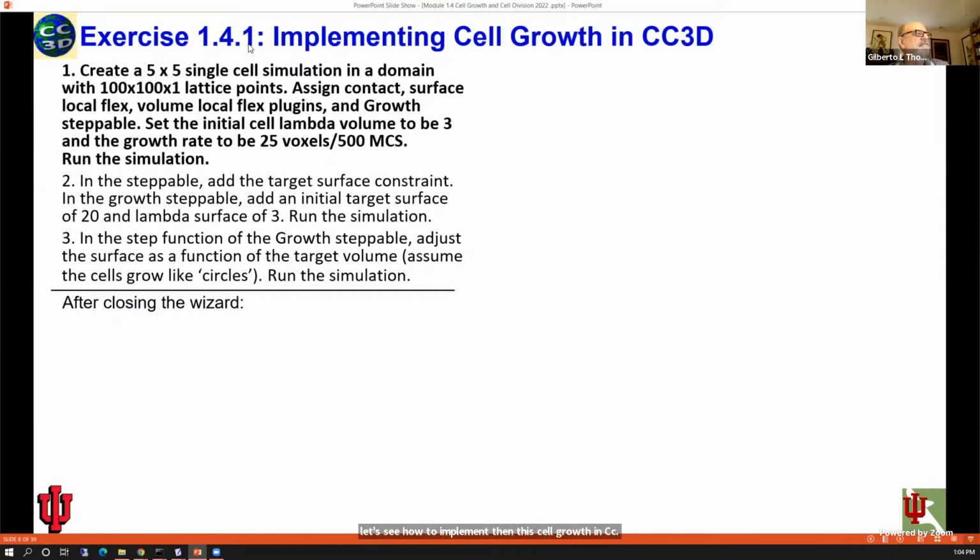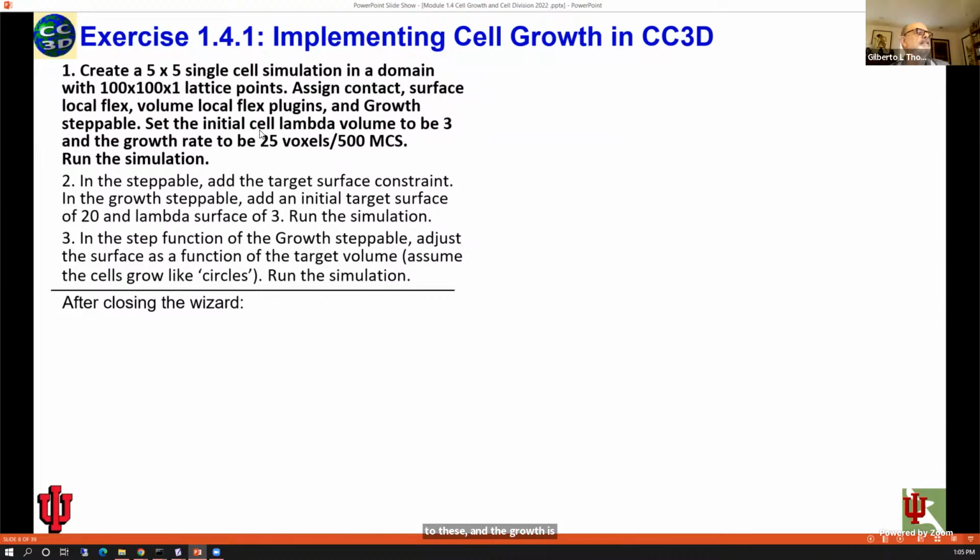The first exercise, we have the first task here. Create a 5x5 single cell simulation in a 100 square grid. As properties and behaviors, you include in your code the contact, surface local flags, volume local flags, plugins, and the growth steppable.